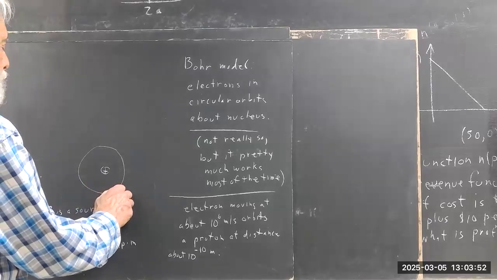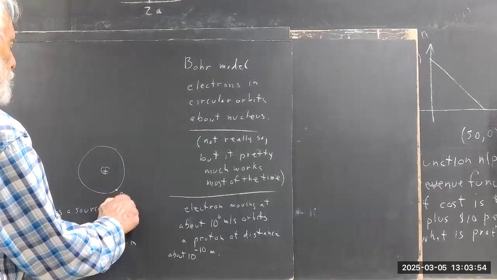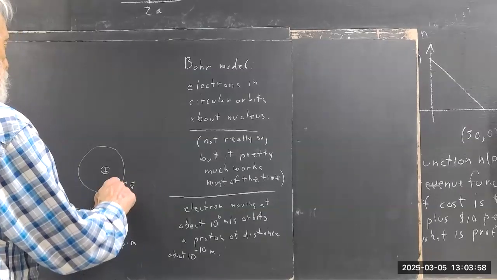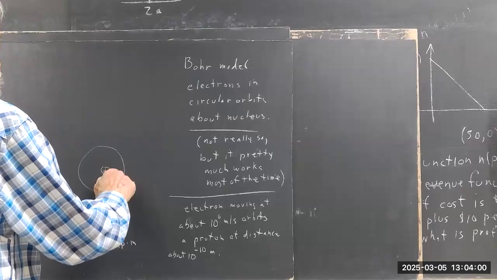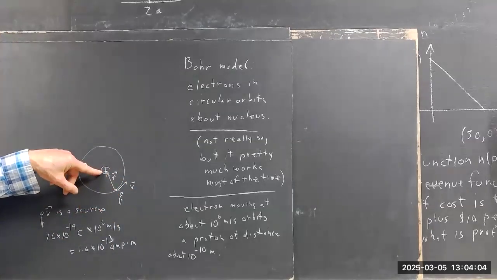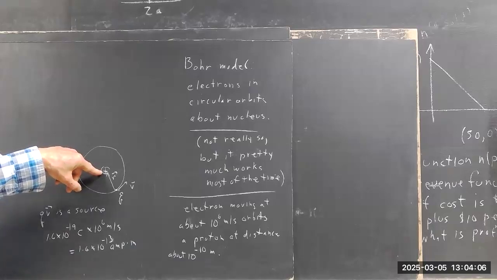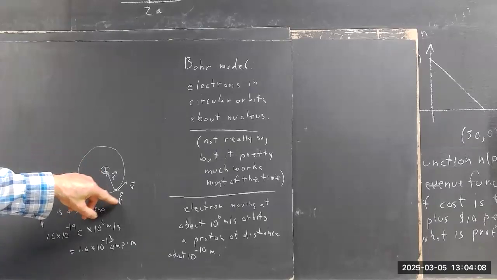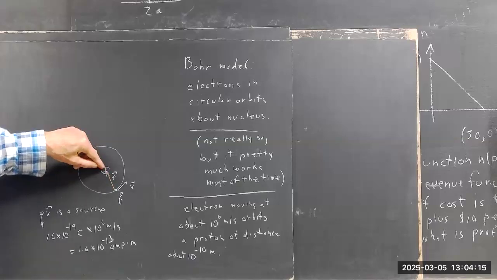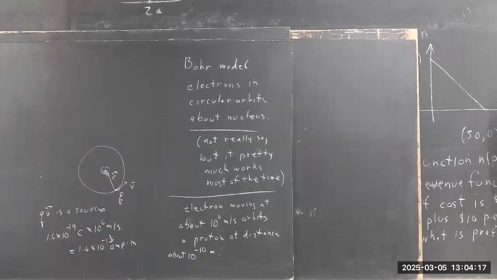If Q is here, here's your R vector. If you want the field at the center of this loop, you just multiply QV times R because the R vector is perpendicular to the velocity vector.